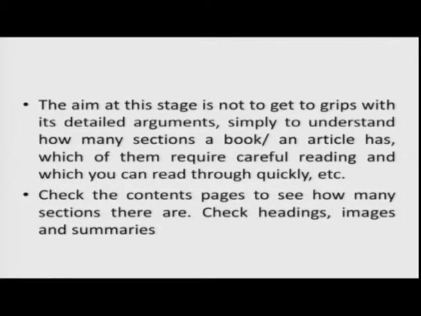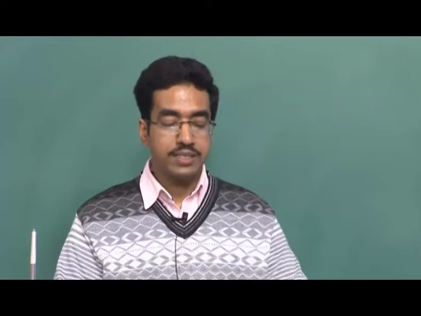So, you can check the contents pages to see how many sections there are. You can also check headings, subheadings, and then there are also sometimes images, graphs, diagrams, tables, and then summaries.